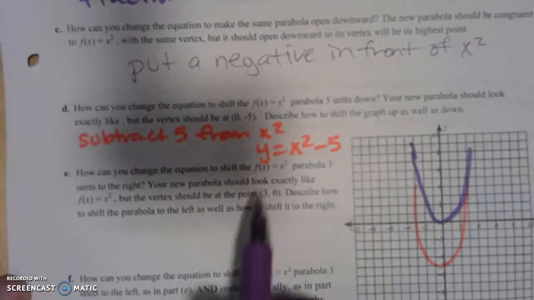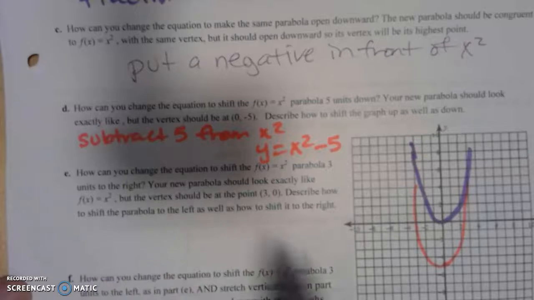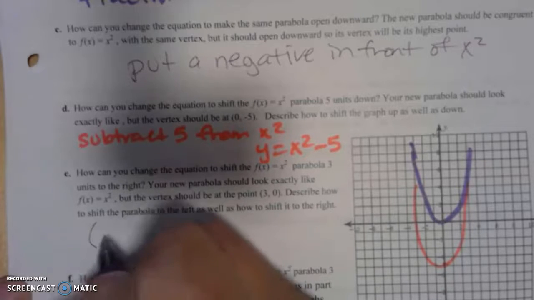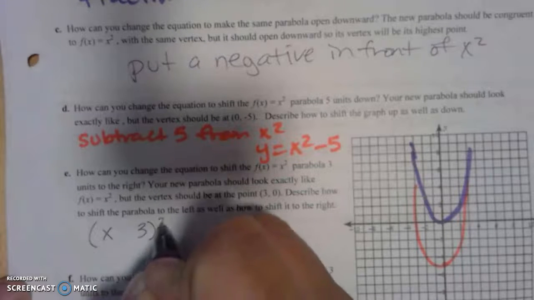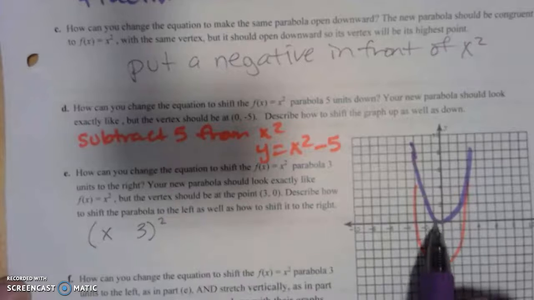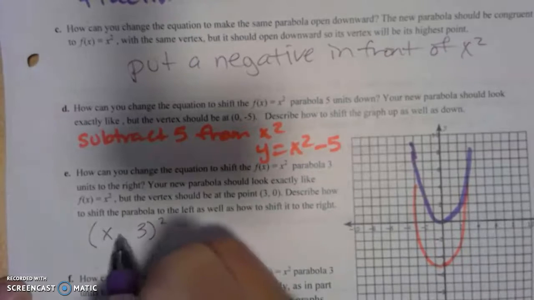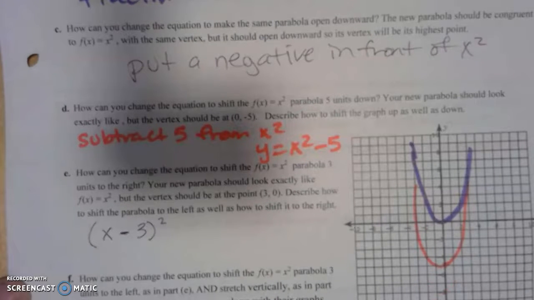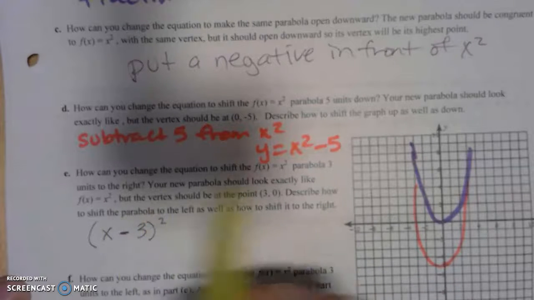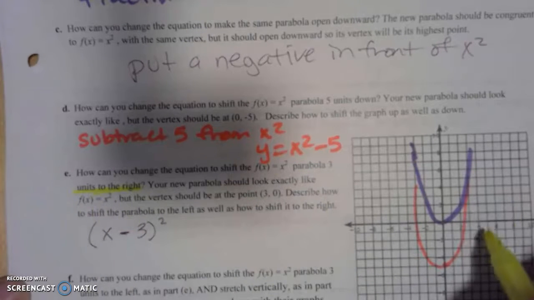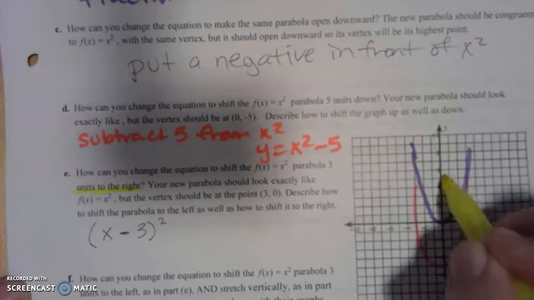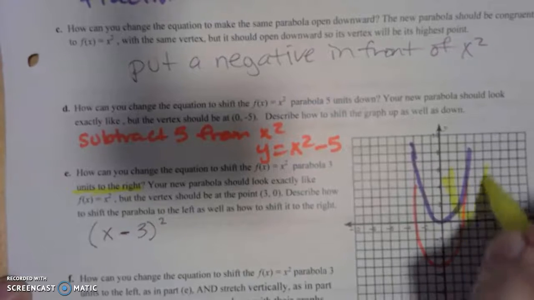So how can I shift the parabola 3 units to the right? 3 units to the right, (x - 3) squared, and to the right is going in the positive direction, so we do the negative. And let me draw that picture here. Shift 3 units to the right is 1, 2, 3, and that's this one right here.